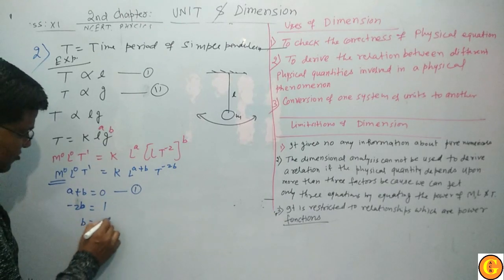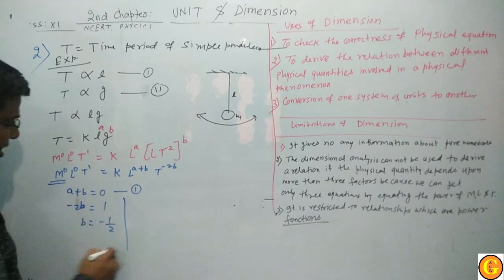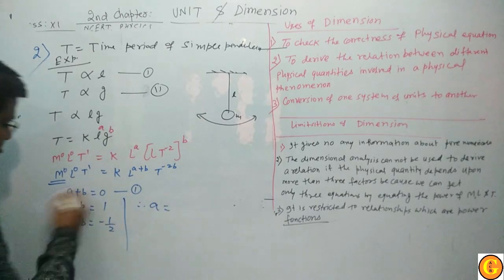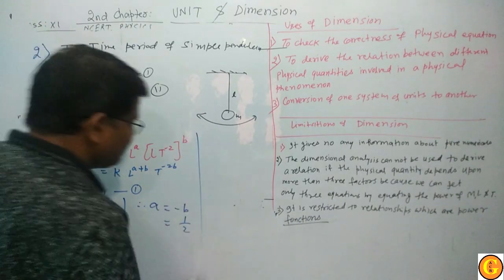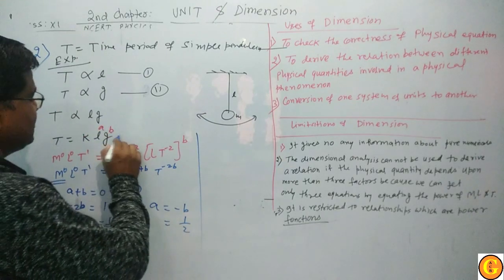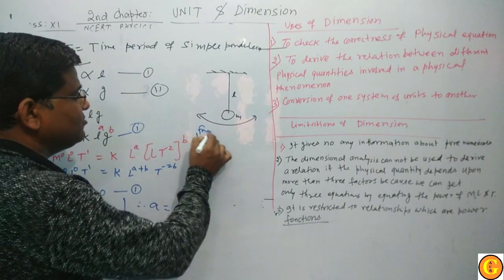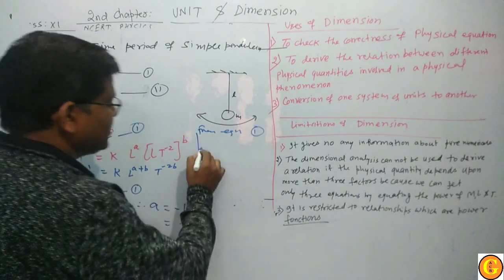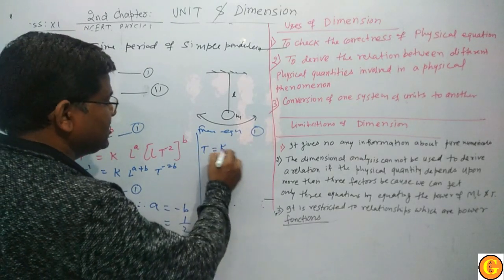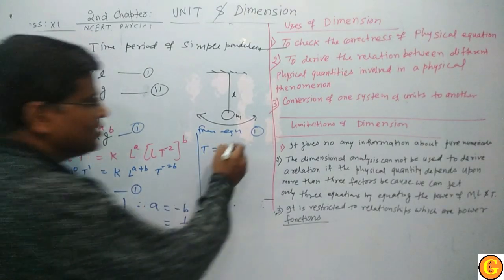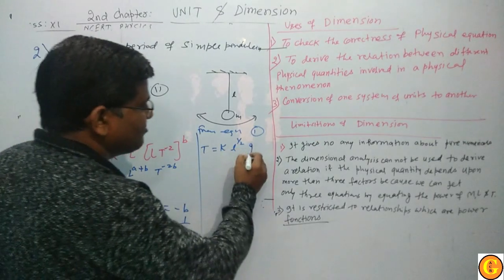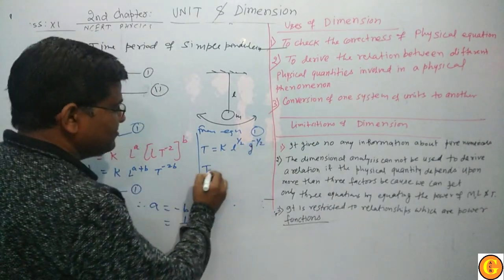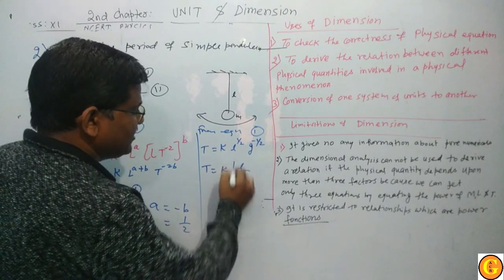Then b is equal to minus 1 by 2, and therefore a is equal to minus b, which is 1 by 2. Therefore, from equation 1, we can write the time period equal to k L to the power 1 by 2, and the power of g is minus 1 by 2, so it becomes k under root L by g.